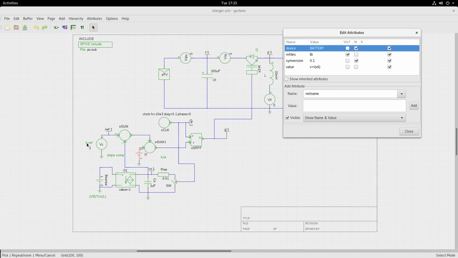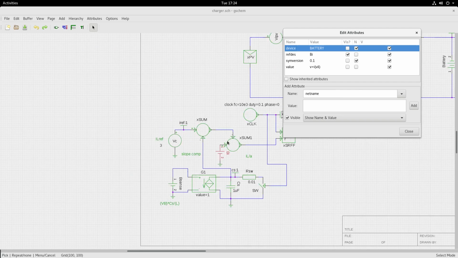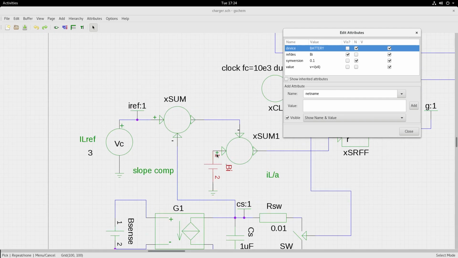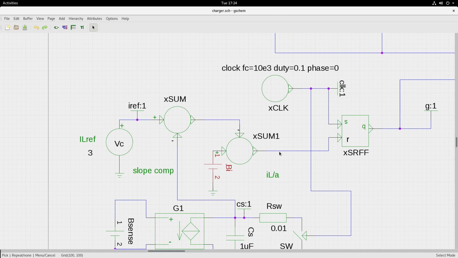here, which is IL ref minus the slope compensated sawtooth waveform. Now I have interchanged the plus and minus here. If I zoom in, you will see that I have made this plus, I have made this minus. This is to make the simulation block simpler.